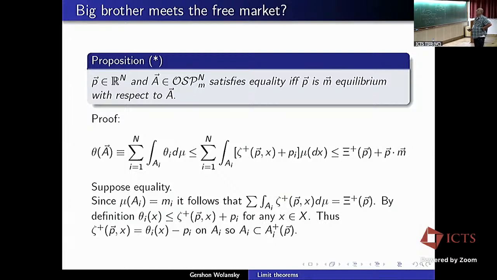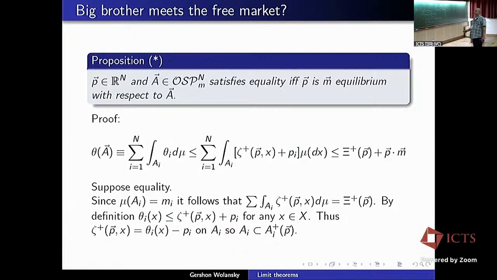Also very straightforward, because first we have this inequality that we saw before, and then if there is equality here and here, then we prove that since μ(A_i) is equal to M_i, this sum of the integral of chi plus is just the function chi plus of P. And since by definition theta is smaller than or equal to chi plus, we get that chi plus is equal to theta_i minus P_i on A_i.